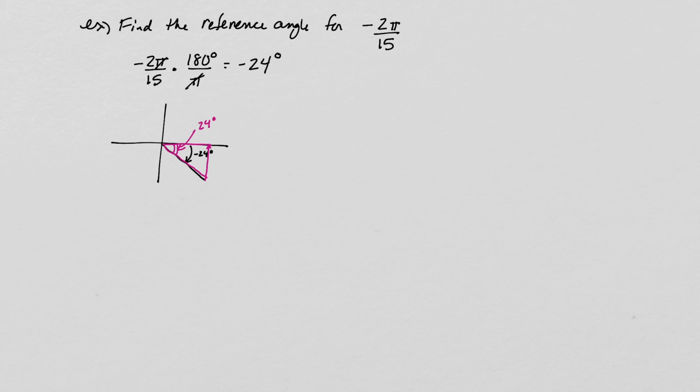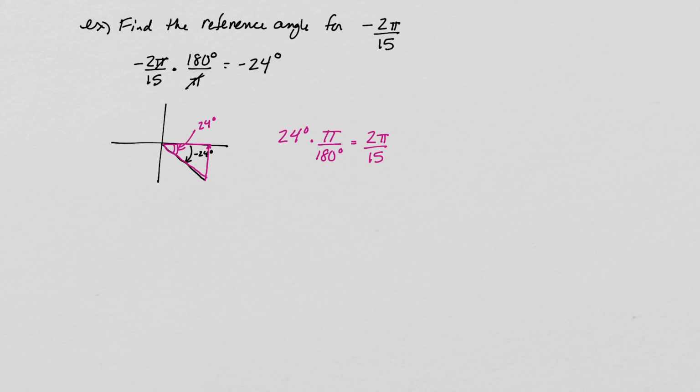Forget where it's located. So the reference angle here happens to just be 24 degrees. Remember, we have to change back into radians because my original problem was in radians. So to go back to radians, we multiply by pi over 180 degrees, and that's going to end up being 2 pi over 15.